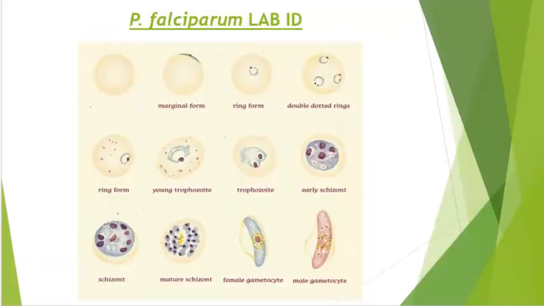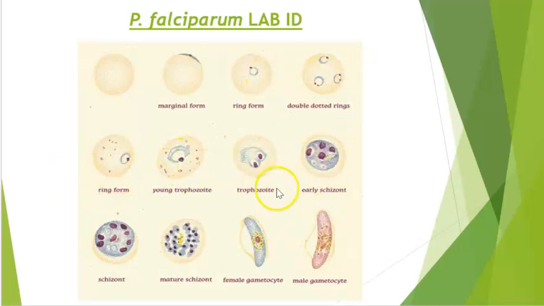So here's a really good image showing you the different stages of development of the species Plasmodium falciparum. Of course, here would be an uninfected red blood cell. And then here is when the red blood cell is first affected by the parasite. And then the ring forms, and so on.